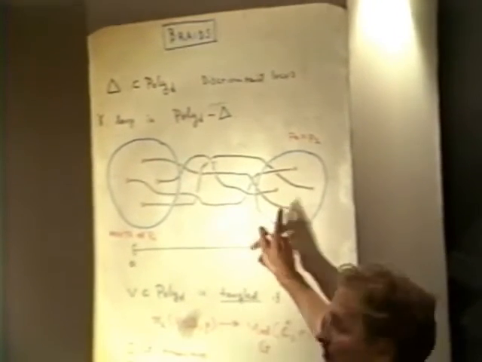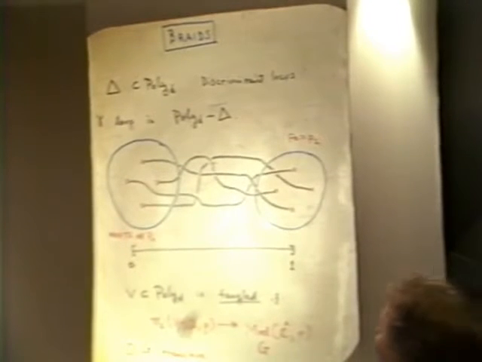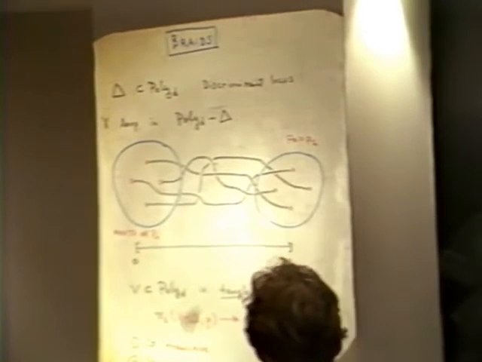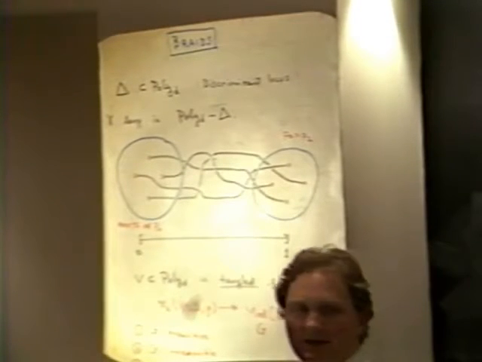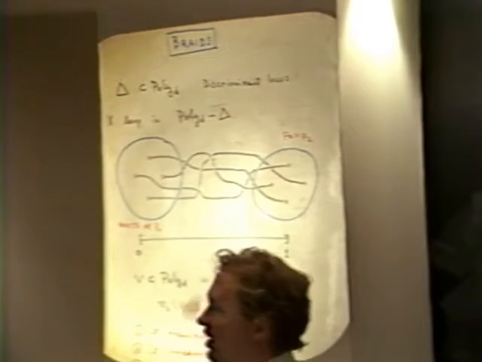Now, I claim that whatever picture I draw here, I can realize this picture by the motion of the roots of a polynomial around some path in the space of polynomials. So let me try to make this picture more precise. Suppose that these four starting points here are the fourth roots of unity. They're the roots of x to the fourth minus 1. So the roots of x to the fourth minus 1 are four equally spaced points on the unit sphere.